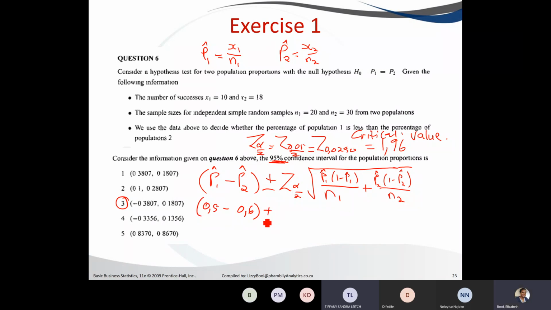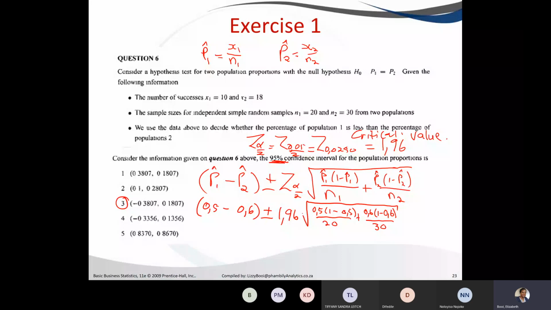Plus or minus 1.96, I gave you this. Times the square root of 0.5 times 1 minus 0.5 divided by 20 plus 0.6 times 1 minus 0.6 divided by 30. I'm not going to ask you to do all the other calculations. You just give me the important values.